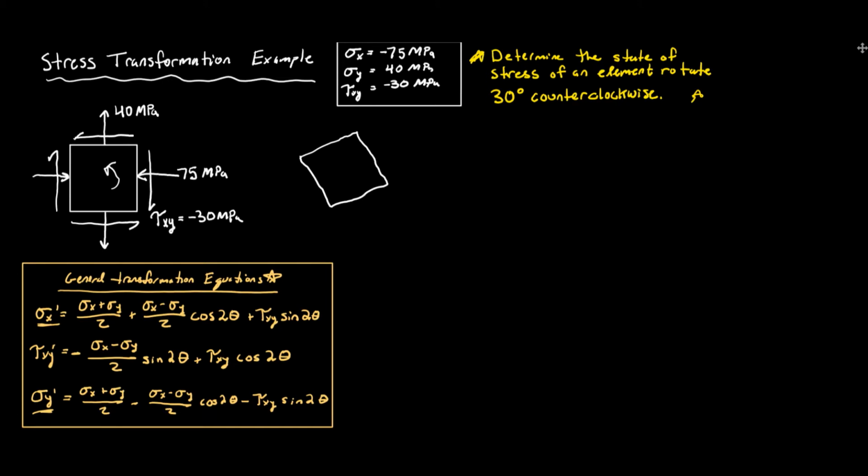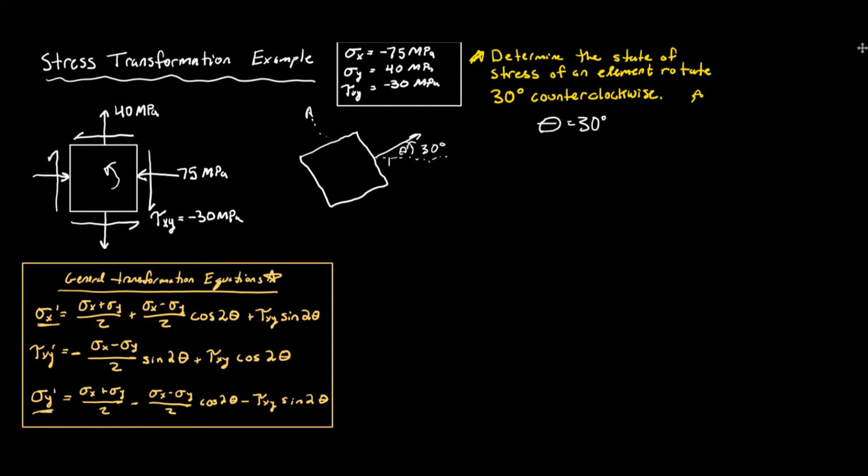If we had an original x plane, and we have a new one, this angle here would be 30 degrees, counterclockwise. So we have a theta equal to 30 degrees. We want to figure out what our new stresses are going to be: our new y stress, our new shear stress, and all that.